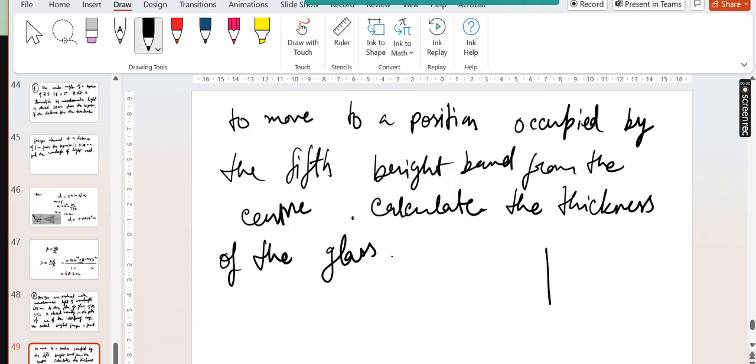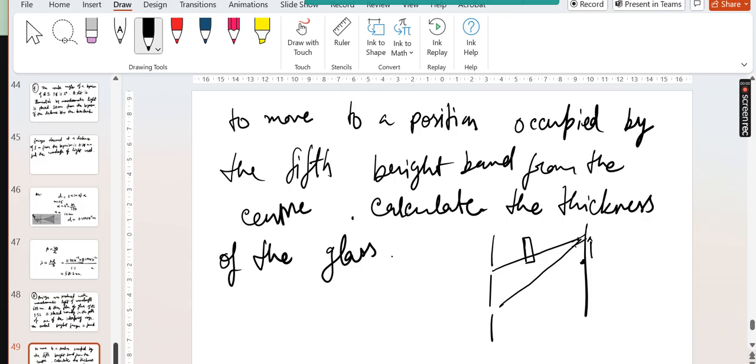So basically, the central bright fringe is supposed to be here, and it shifted to the fifth position.